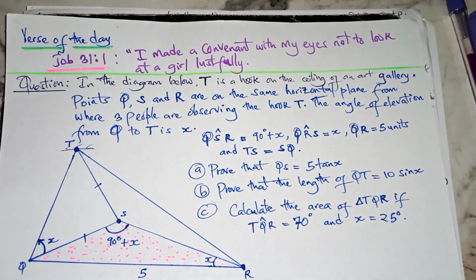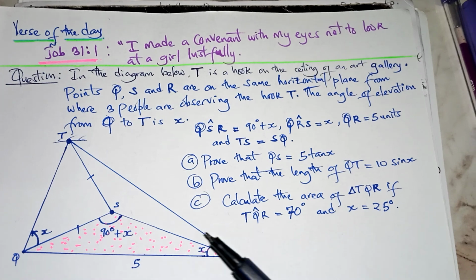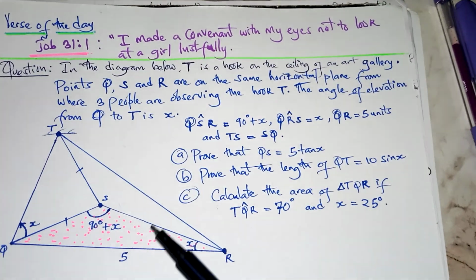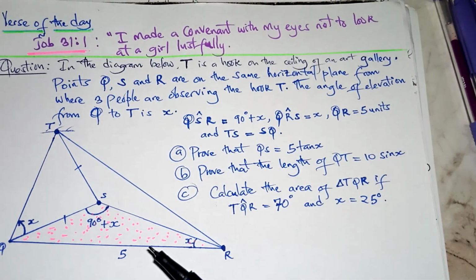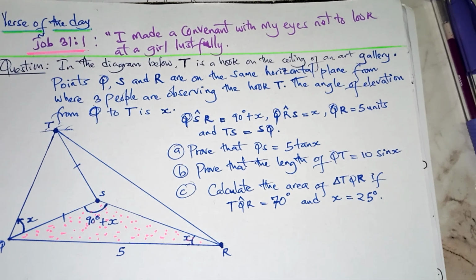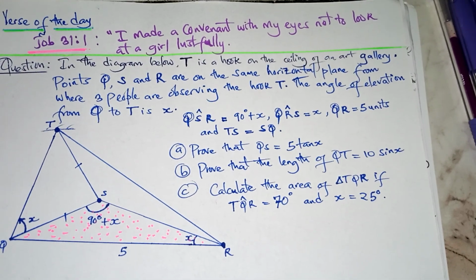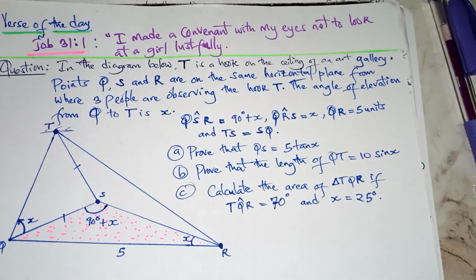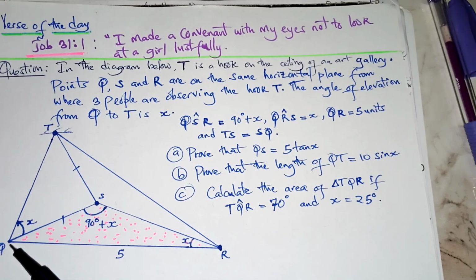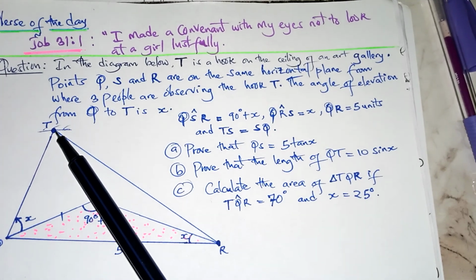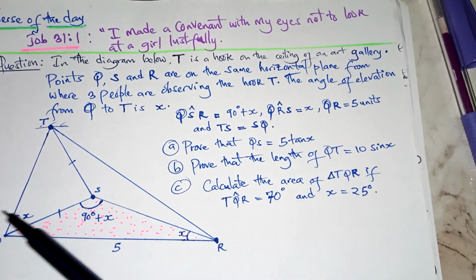Points Q, S and R are on the same horizontal plane from where three people are observing the hook T. The angle of elevation from Q to T is X, okay?